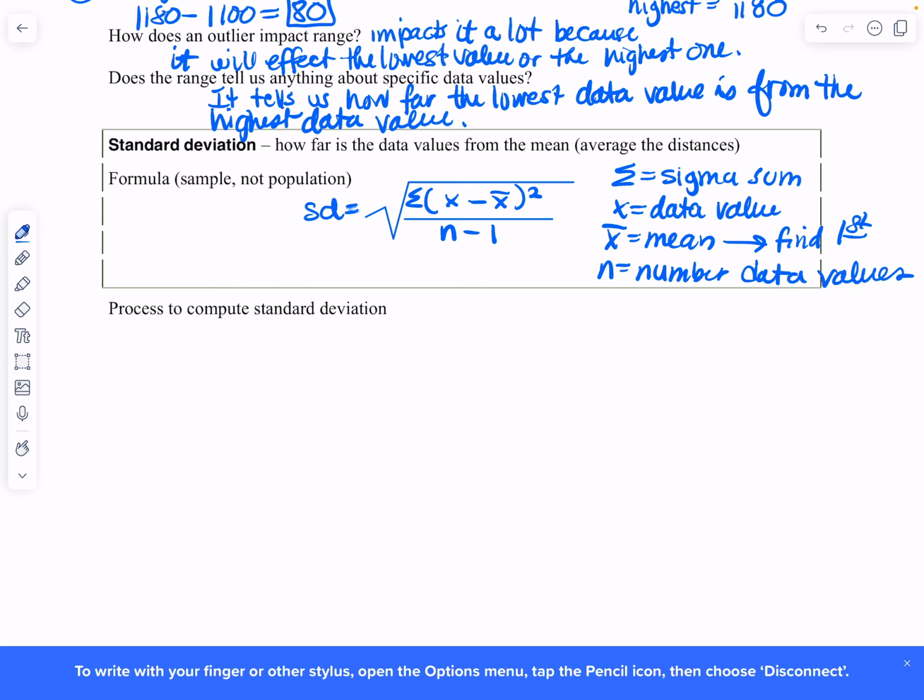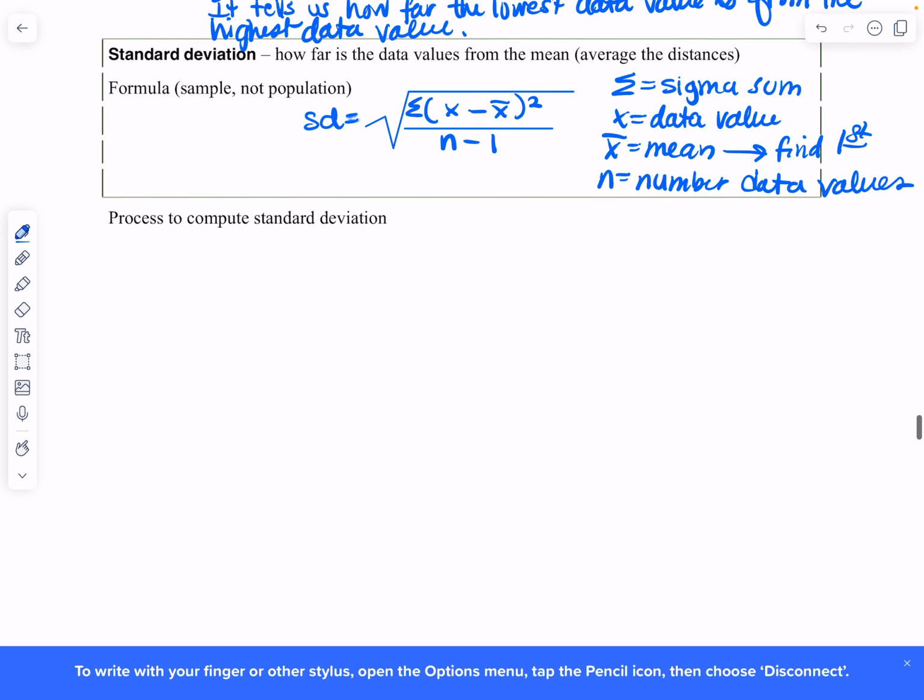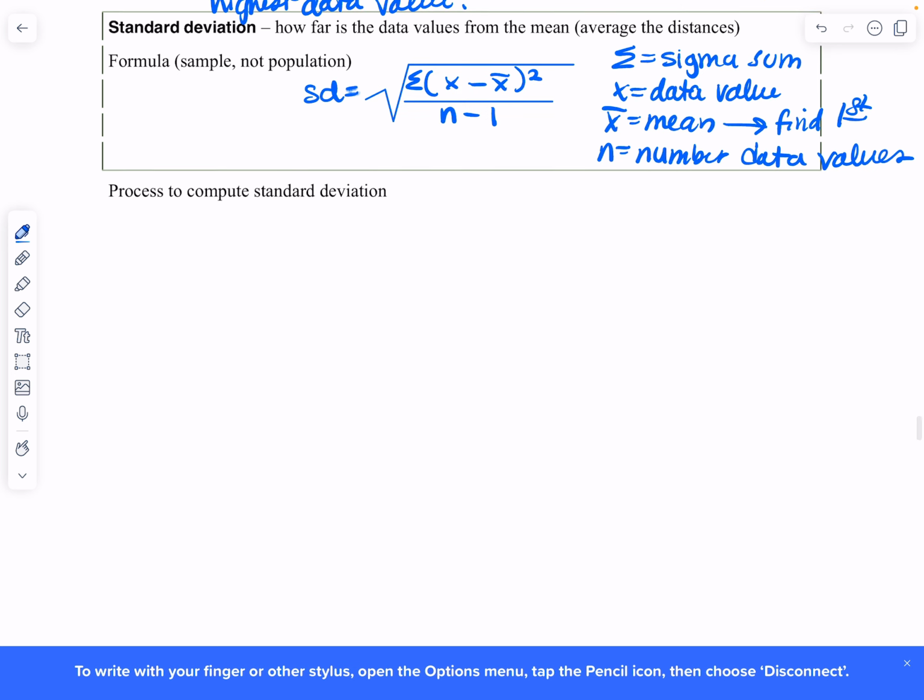Okay, so what we're going to do is go through a process. I'm going to show you how I do this, so please don't write down anything until you're done looking at it. I'm going to make a chart. In the left column, I'm going to let that be the raw data points.